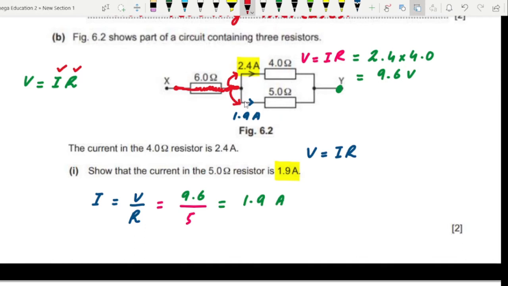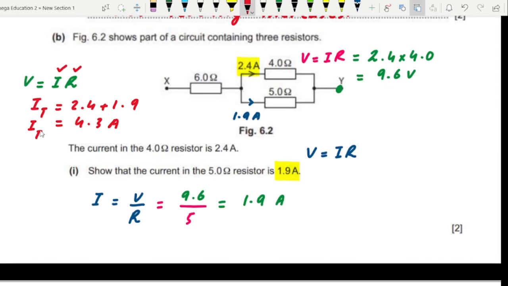Then the question is, how much current was coming in the first place that was then divided? The answer is we can add both of them, 2.4 and 1.9. This is the division, and the total current would be 1.9 plus 2.4, which is 4.3 amperes.